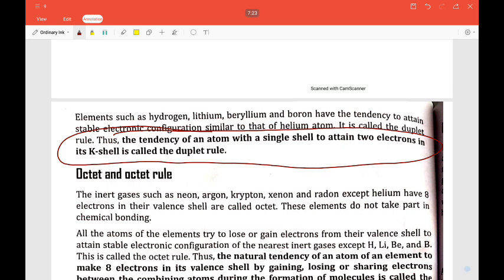Rest of the others, lithium, hydrogen, beryllium, boron, what do they do? They attain the state of helium, meaning they possess only one cell and 2 electrons. That tendency is the duplet rule. So once again, let's see here.